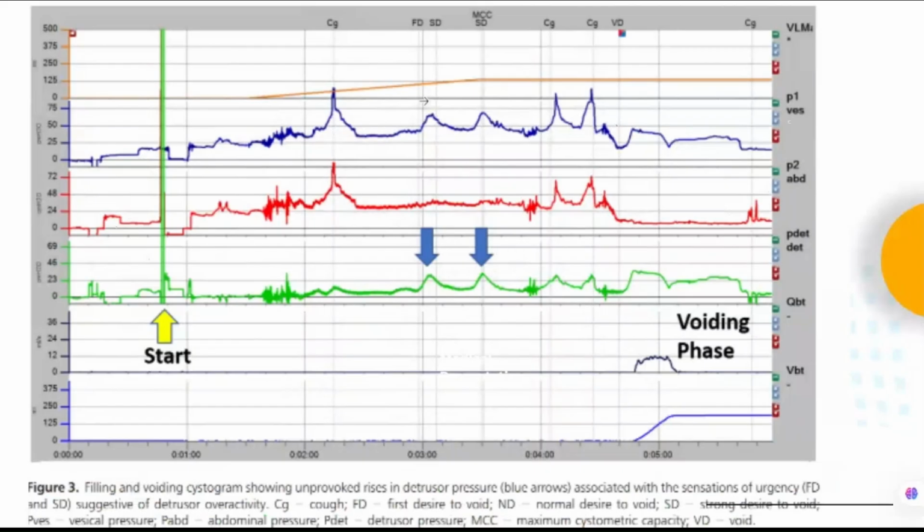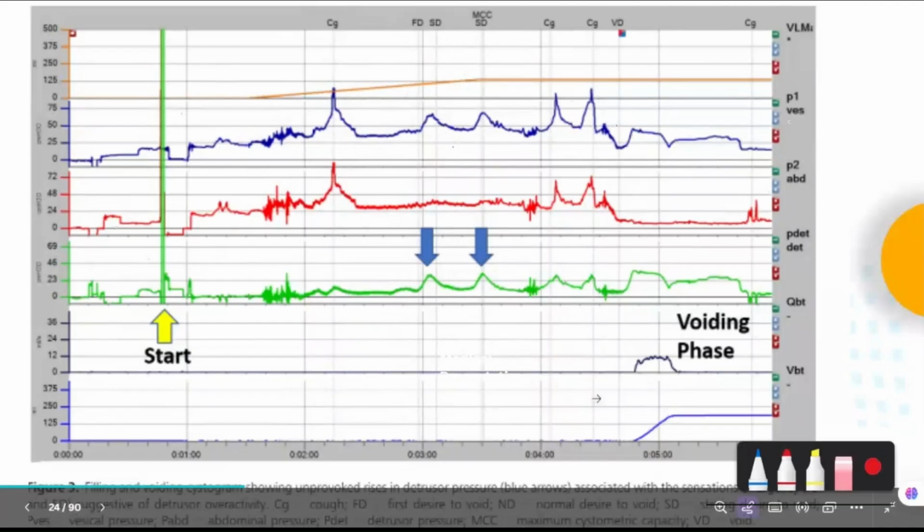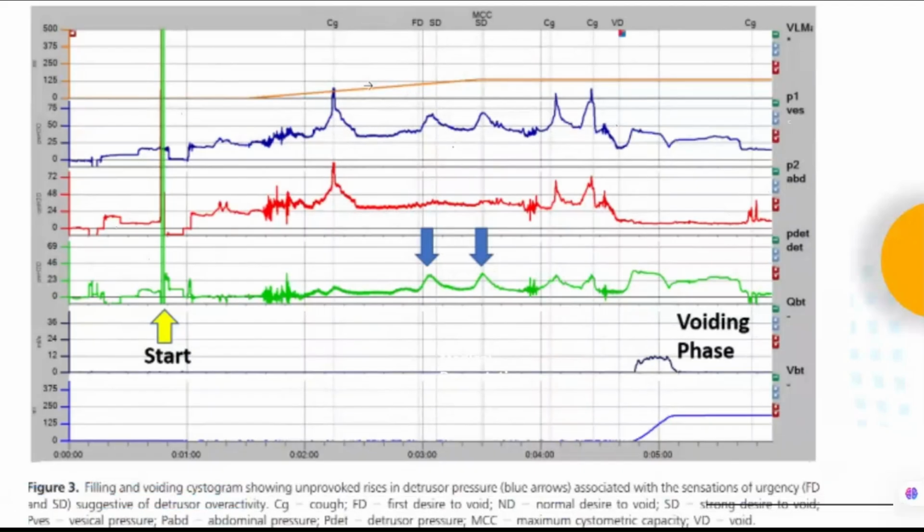FD stands for first desire to pass urine. SD stands for strong desire to pass urine. ND stands for normal desire to pass urine. So these are the things you may get as such a trace in the examination, and they will ask you for the reporting. So here, what is the diagnosis?